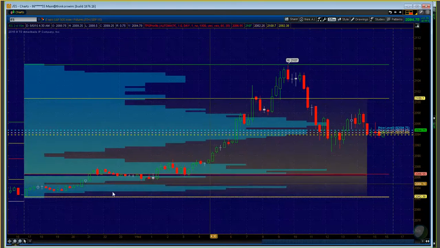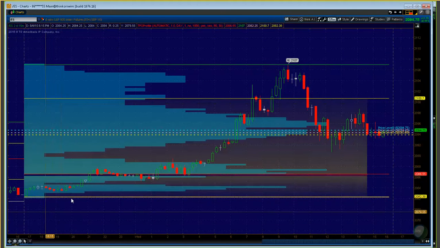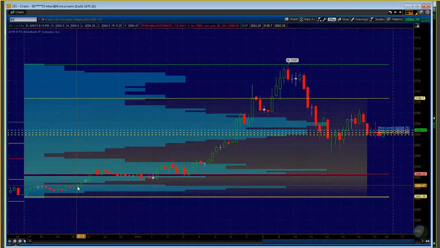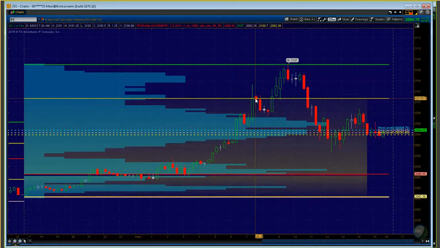Now, how you can use this is if price action breaks from below above the bottom of the value area and stays there for at least half an hour, you've got an 80% chance that price will track to the top of the value area.